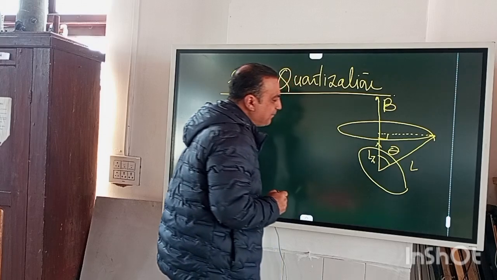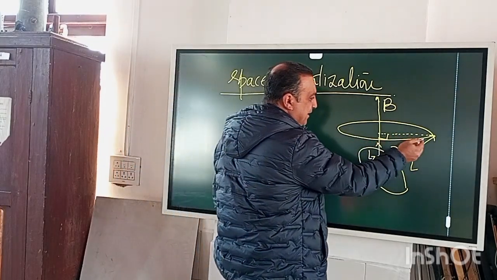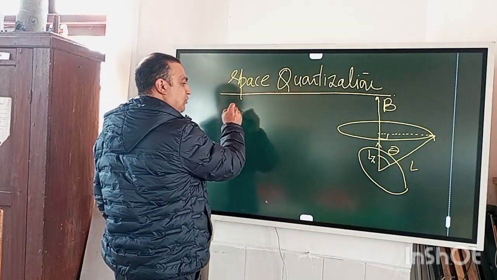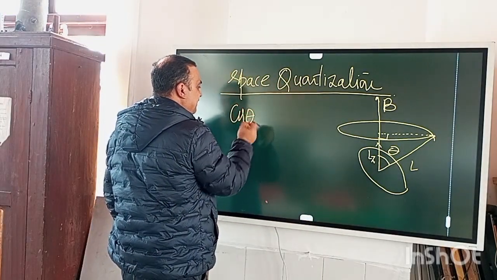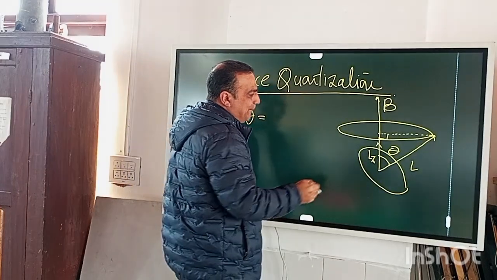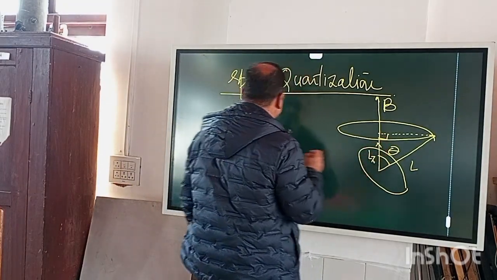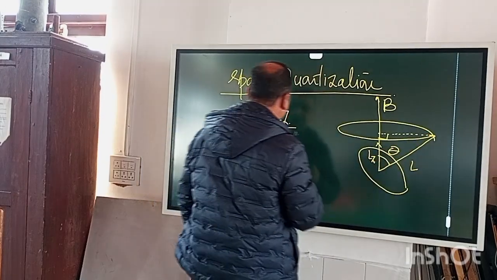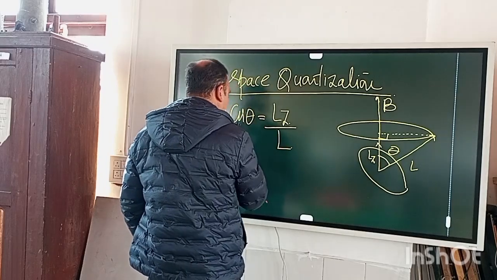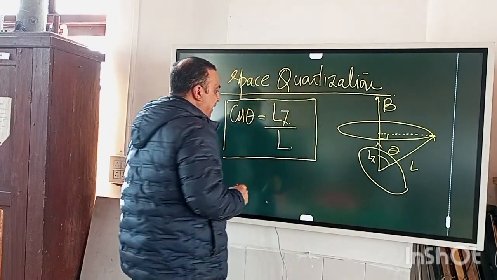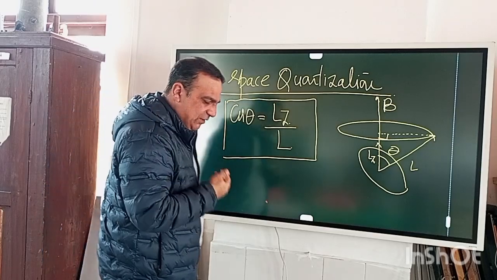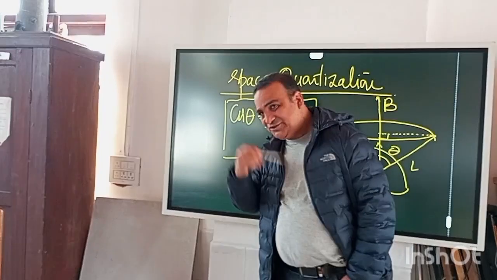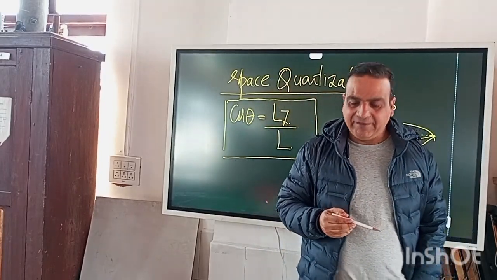So this is Lz, and we can see that we have a right angle triangle, and we can write cosine theta as base over hypotenuse. The base is Lz and the hypotenuse is L, so cosine theta equals Lz divided by L. This is the basic equation that can give us an idea about space quantization when you subject your atom to an external magnetic field.